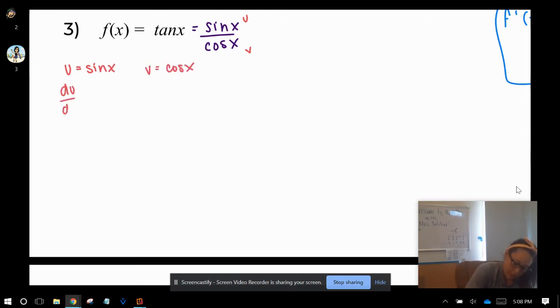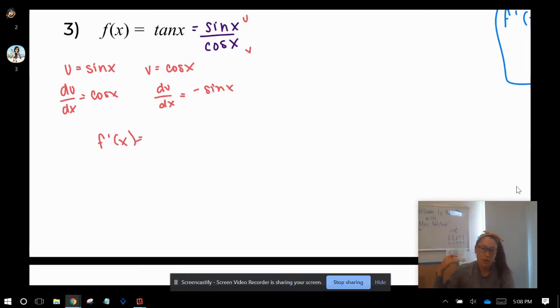du dx is equal to cosine x. The derivative of v with respect to x is negative sine x. We start f prime of x is equal to low d high. So cosine of x times the cosine of x minus high d low.